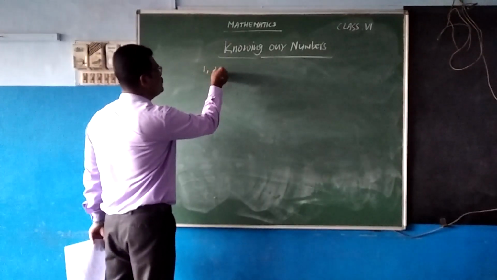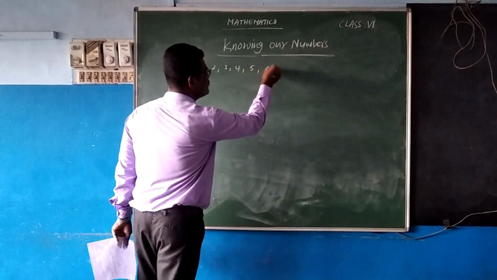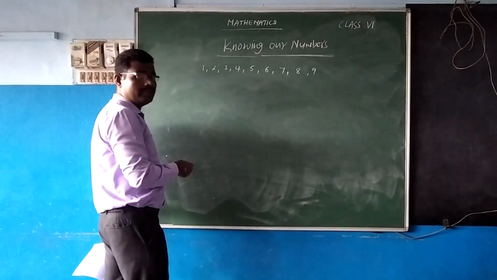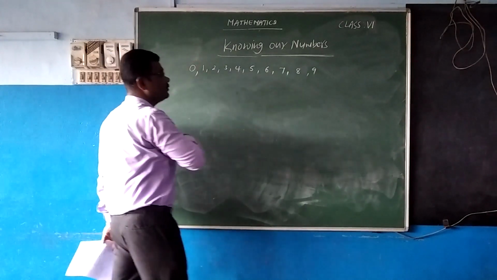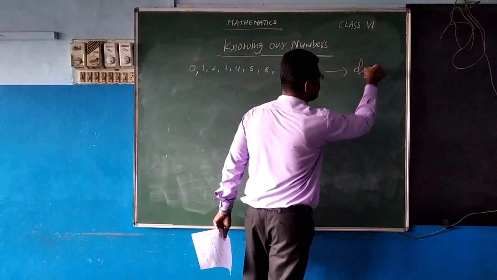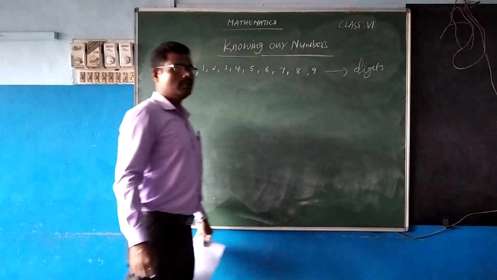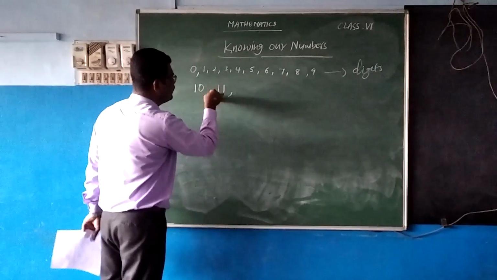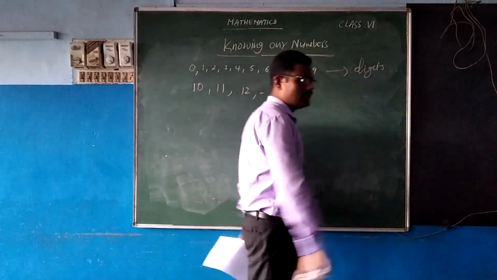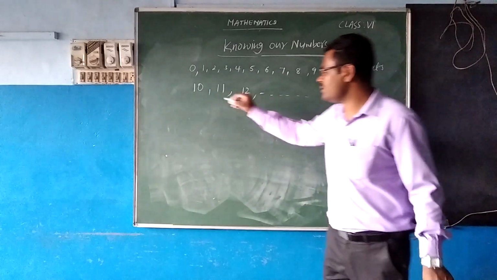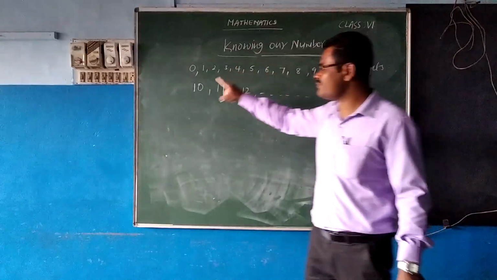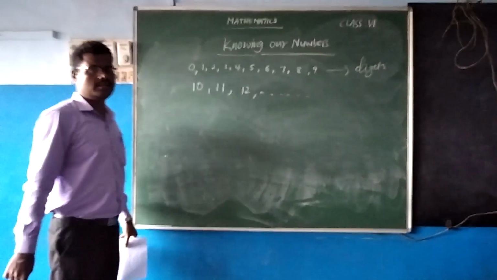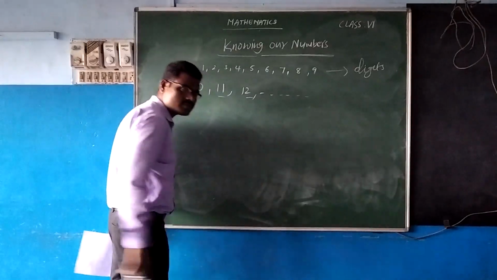The numbers 1, 2, 3, 4, 5, 6, 7, 8, 9, along with 0, are called digits. When you combine these after 9, like 10, 11, 12, such a group of digits is called a number. Here there are 2 digits, isn't it?